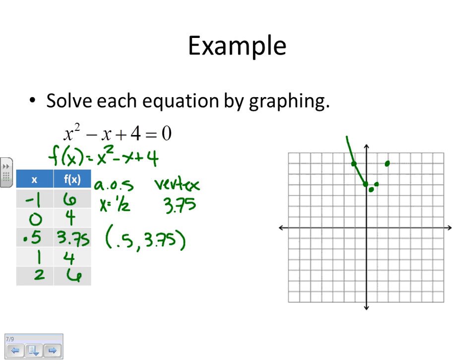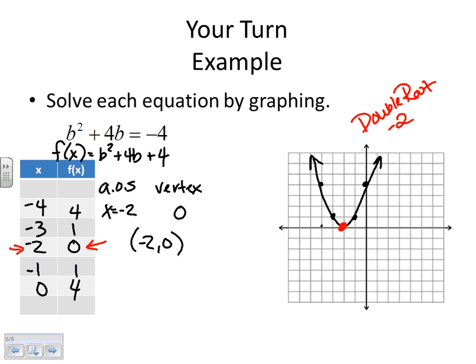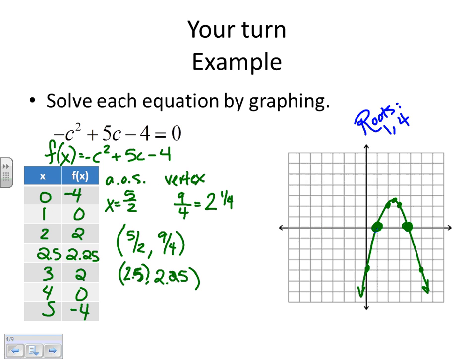Okay, now notice your difference between this one and the last one, where we had one vertex, or a couple ones before where we had 2 crossing the x-axis.